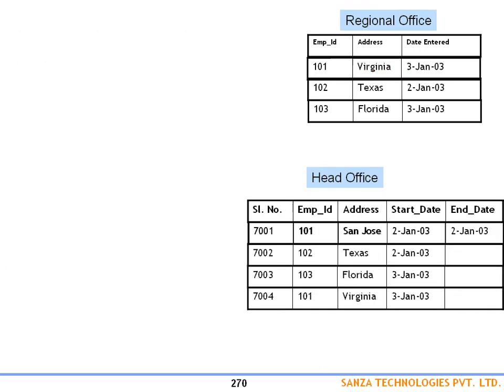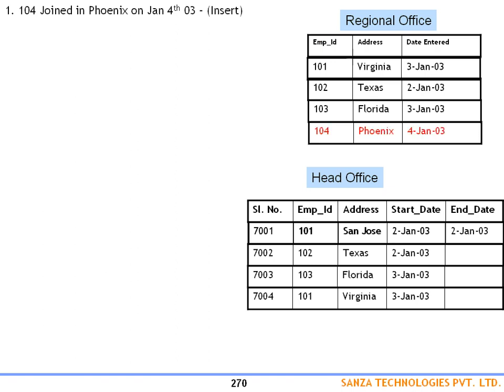Now we'll go further. Employee 104 joined in Phoenix on January 4th. In the regional office they have inserted the data. 101 moved from Virginia to Florida on January 4th. So what we do? Update the record in the regional office of 101, Florida, 4th January.